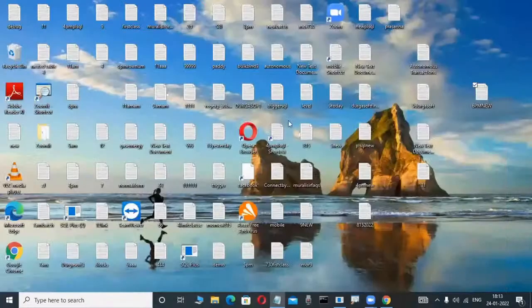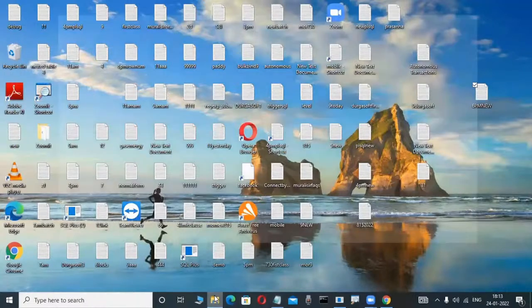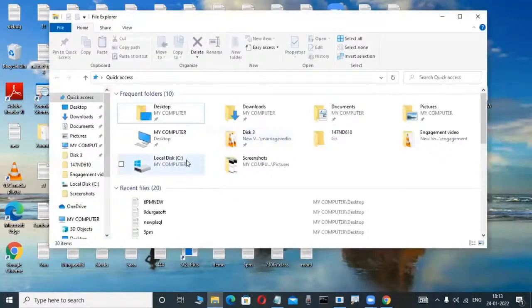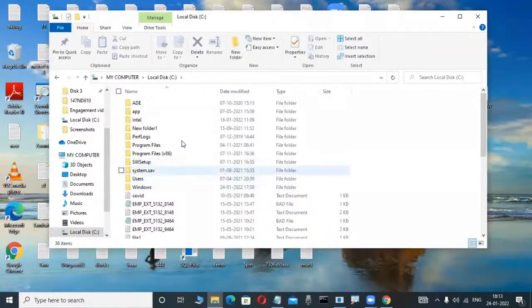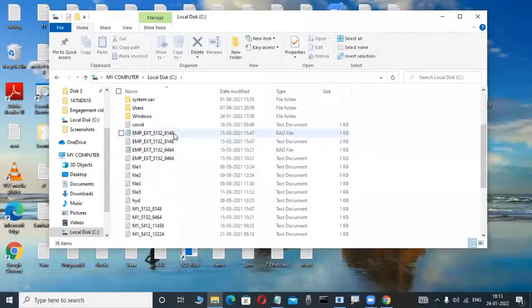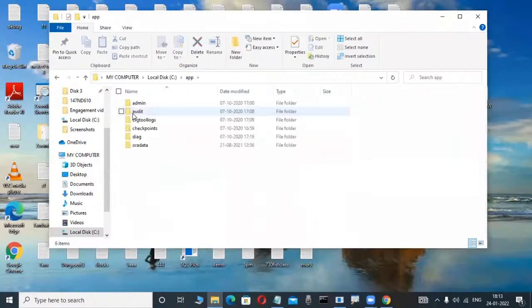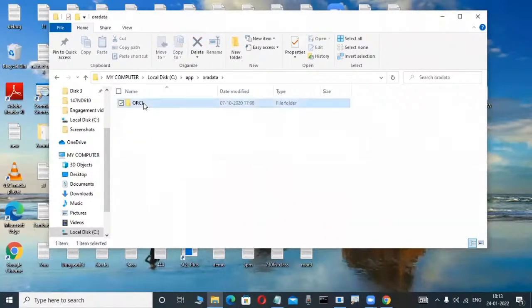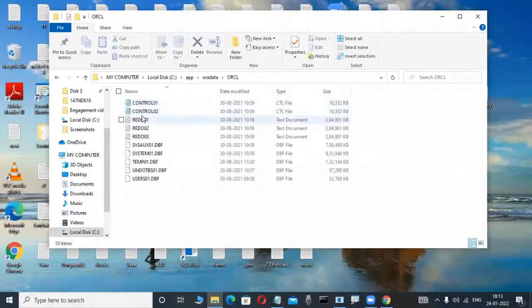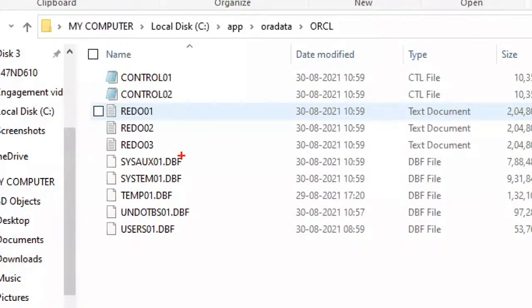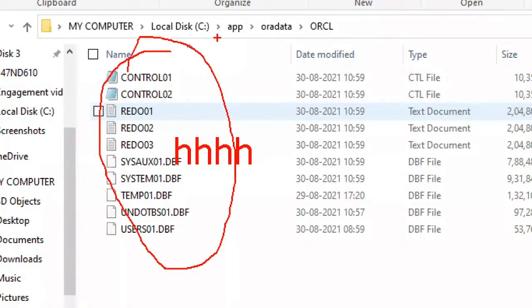I am installing Oracle in my system; how you install Oracle we will learn in the next classes, don't worry. Here in this C drive, your table is not available. Whatever table I am creating is not visible in the C drive or D drive.